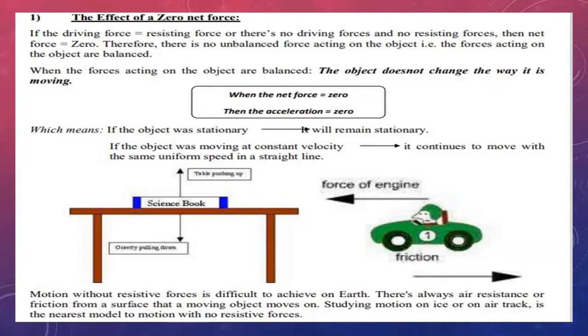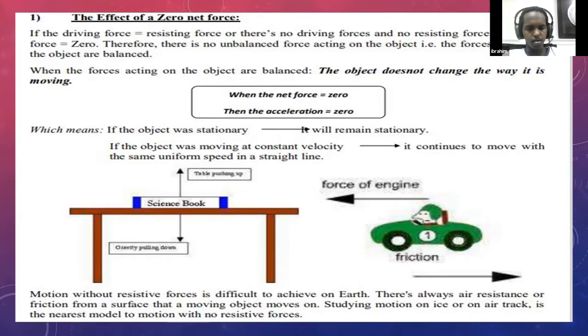And when this object is moving, it will continue moving with constant speed. This means when the net force applied on the object is balanced, or equals 0, the moving object will move with constant speed. Do you understand? Okay.